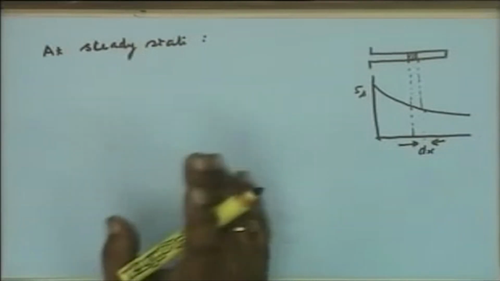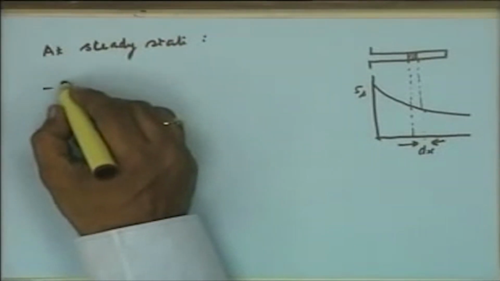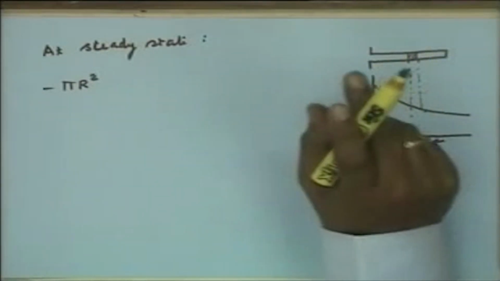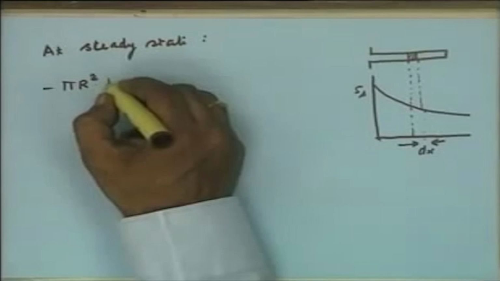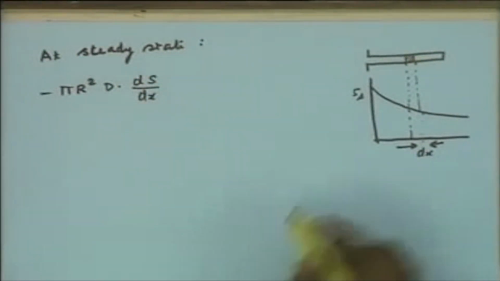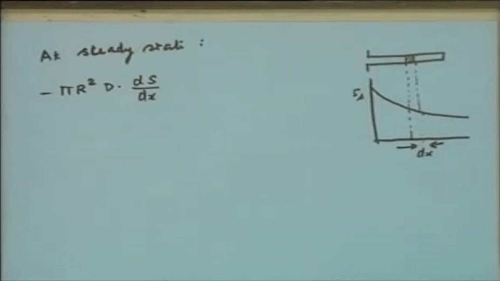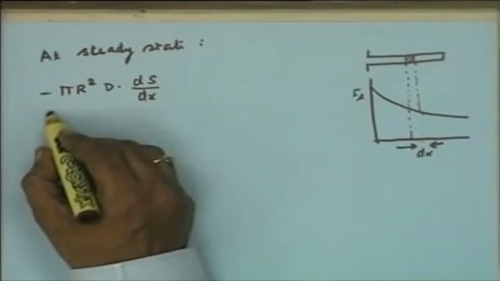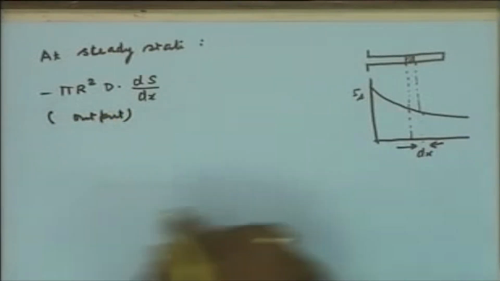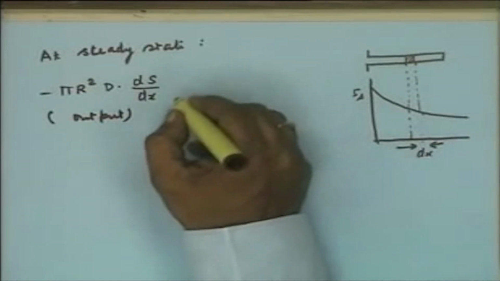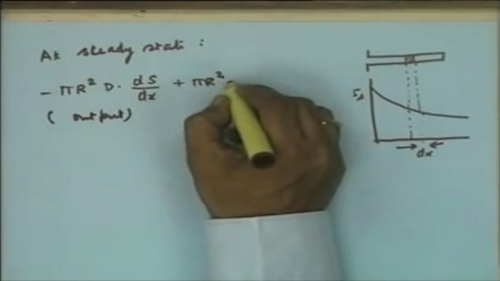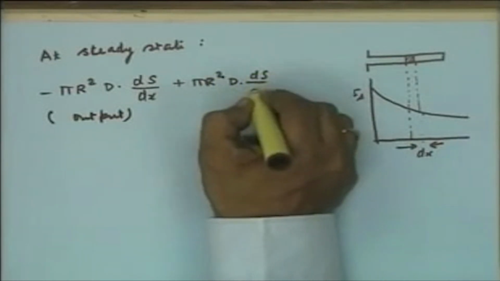You see the output of the substrate will be minus pi r square D into dS over dx, where r is the radius of the pore. Of course dS over dx is negative, and therefore this is essentially your output of the substrate from the pore, minus input, that is plus pi r square D into dS over dx.